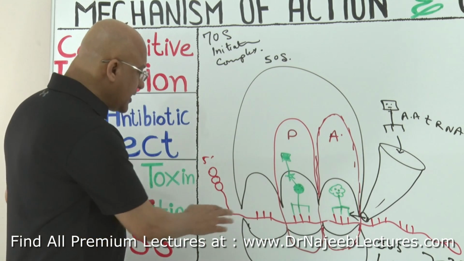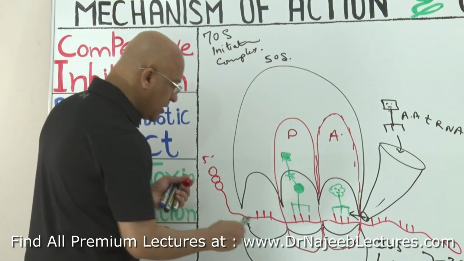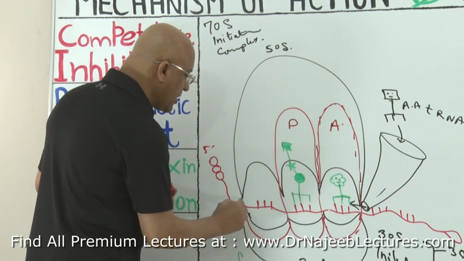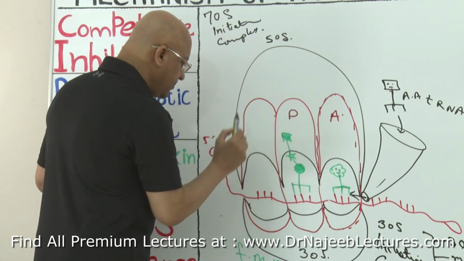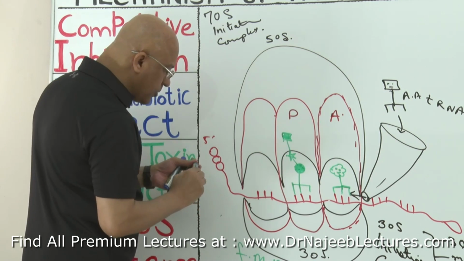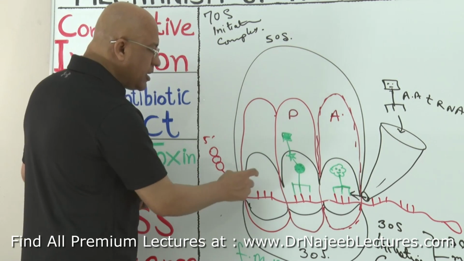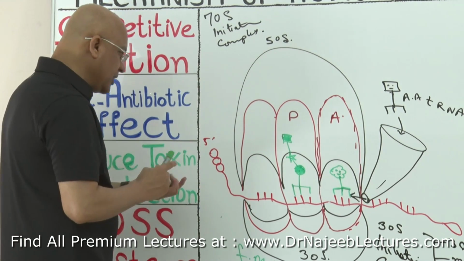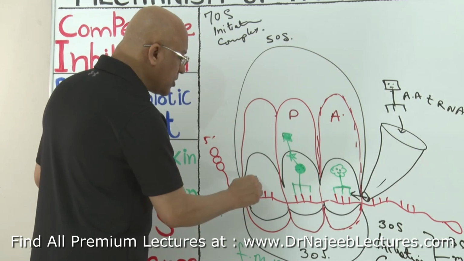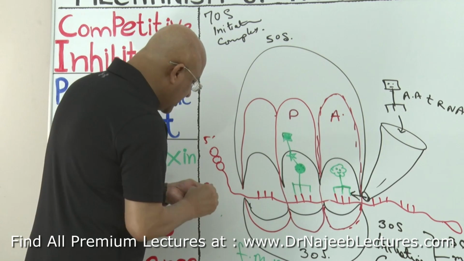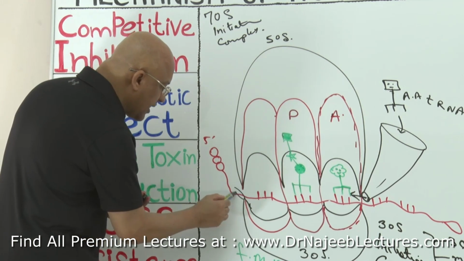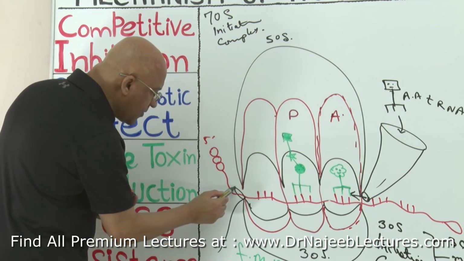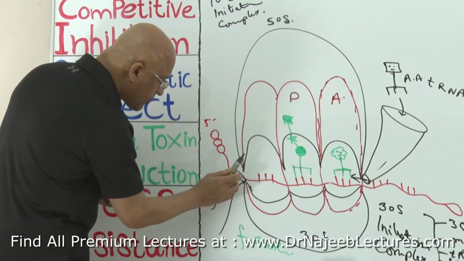Then there is a third site, third functional domain. In this area, if any transfer RNA is present, it will slip out. So this is outgoing, from here it is slipping out.